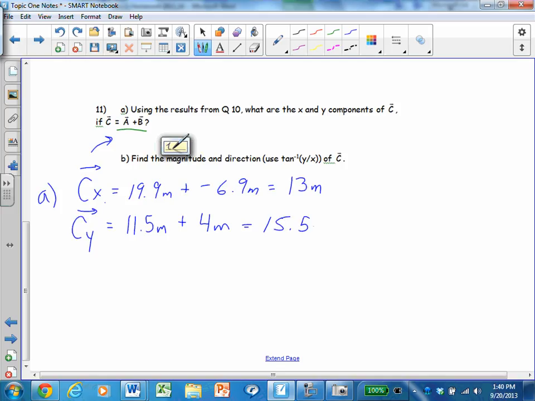So that means we have a Cx equal to 13 meters and a Cy equal to 15.5 meters. We're going to find vector C, its magnitude now, and we're going to find its direction as well, theta.